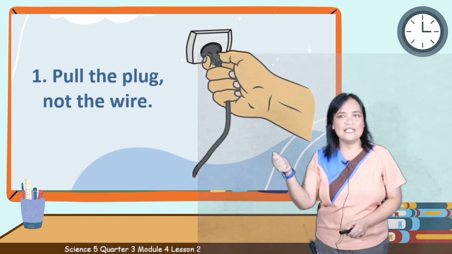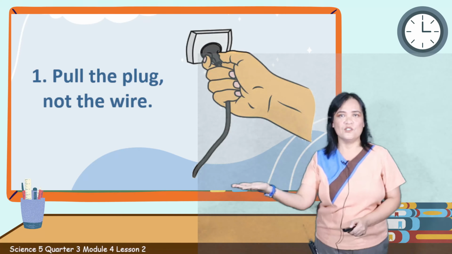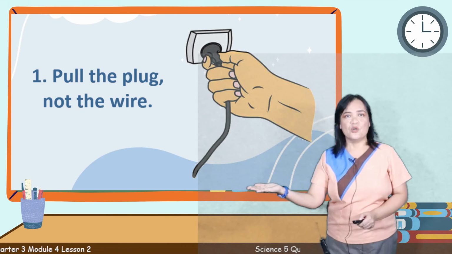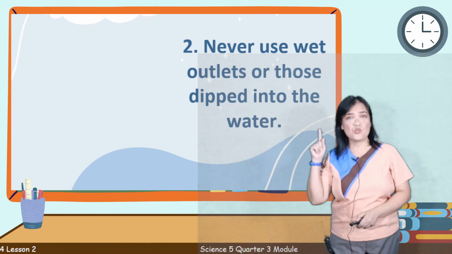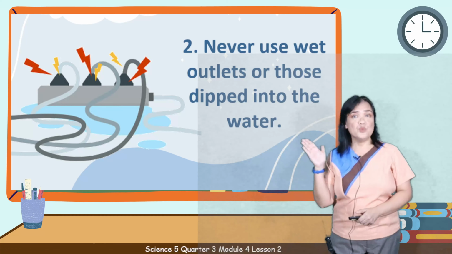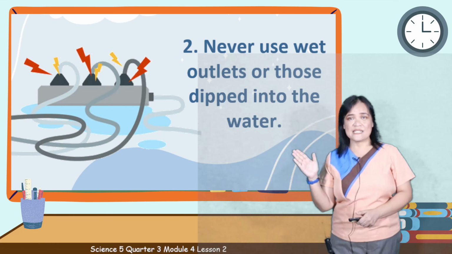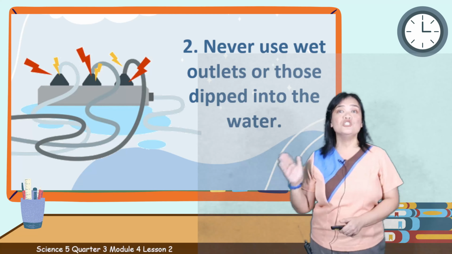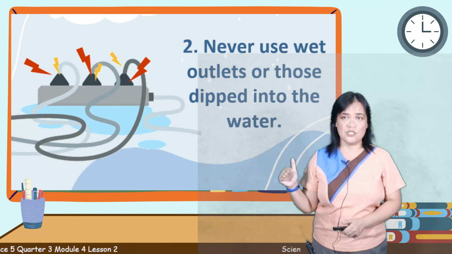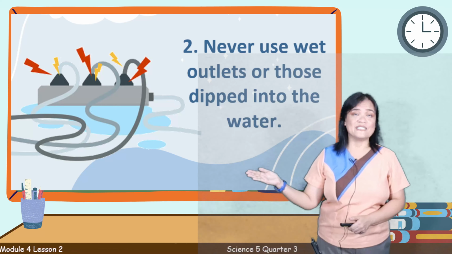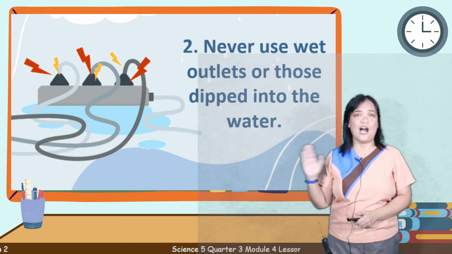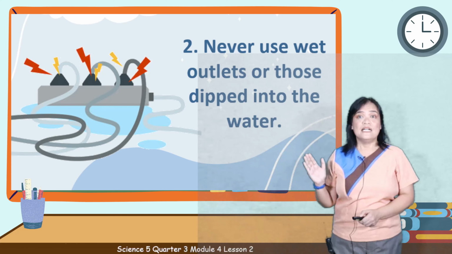Pull the plug, not the wire. So, look at the drawing of the picture. The next one, never use wet outlets or those deep in the water. So, avoid that, okay? Never use that outlet because it is wet.